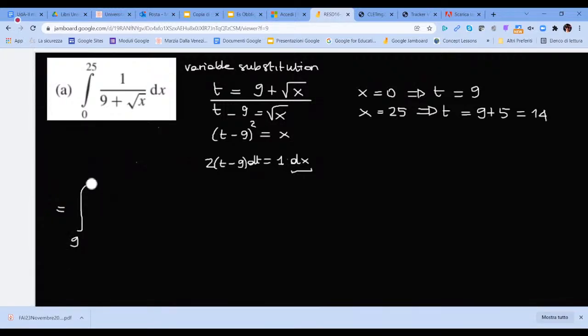The integral between 9 and 14 of 1 over t multiplied by the x, so that is 2t minus 9, in dt.